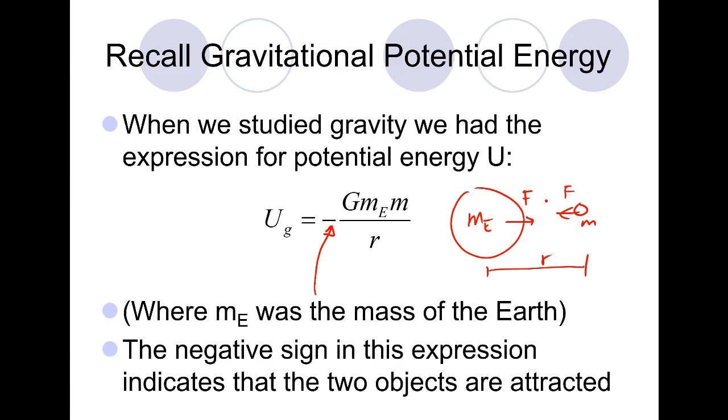And that's important. Those forces are equal and opposite because of Newton's third law. And this is our expression for the potential energy of the system of the two masses.